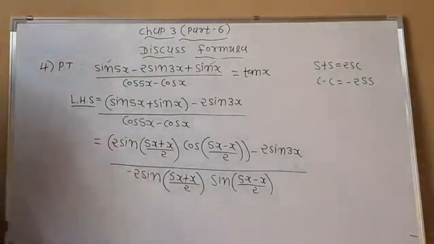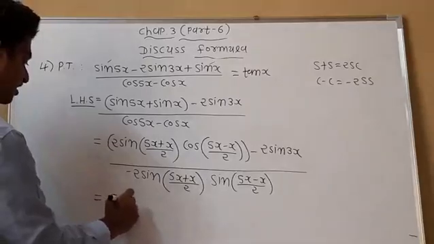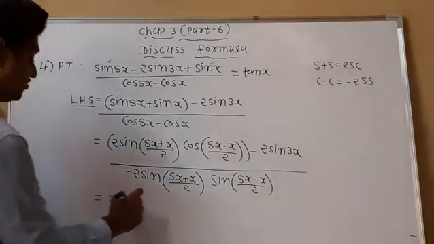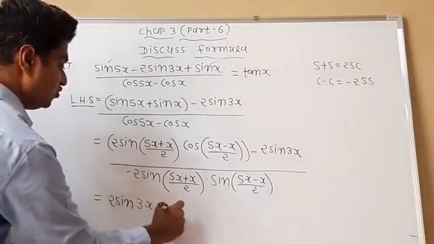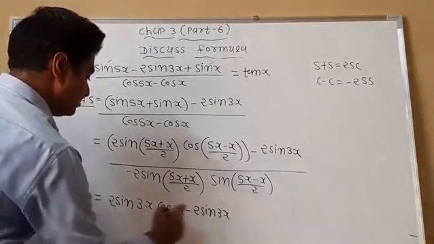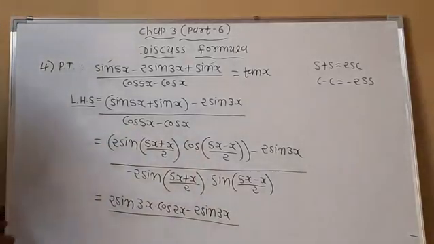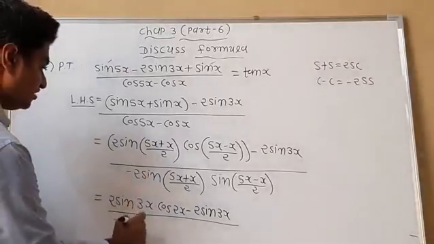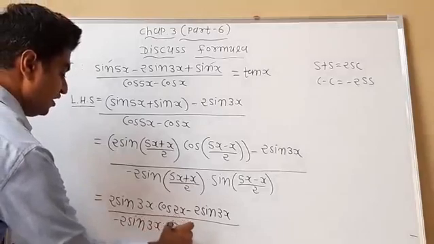Now after simplifying this term, it is equal to 2 times sine (5x plus x), that means 6x divided by 2, means 3x, into cos 2x, minus 2 times sine 3x in the denominator. Simplify this term, so minus 2 times sine 3x into sine 2x.